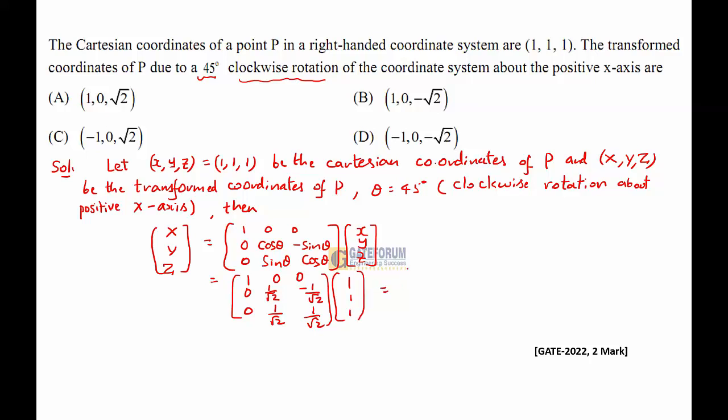So the first row into this column simplifies to 1. Second row into this column simplifies to 0, since 1 by root 2 minus 1 by root 2 gets cancelled. Third row into this column is 1 by root 2 plus 1 by root 2, which is 2 by root 2, simplifying to root 2. So therefore capital X, capital Y, capital Z is equal to 1, 0, root 2. Okay, so accordingly, the answer is option A.